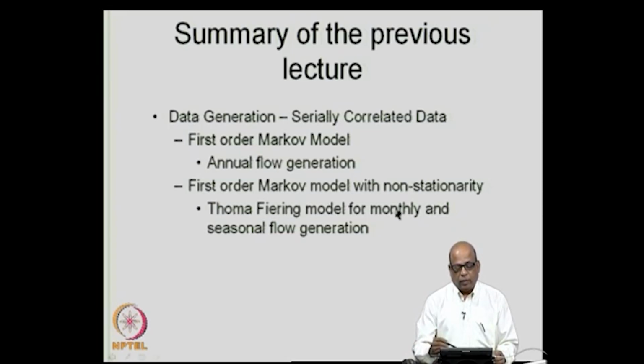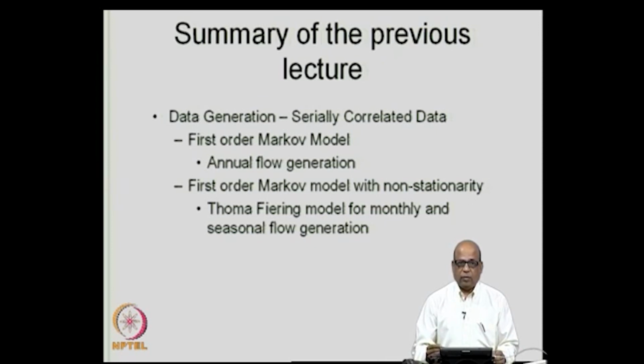Recall that the requirements for the Markov model, as we introduced in the last lecture, are that the flow time series can be approximated to be a Markov chain, and also that the flow series can be approximated to follow normal distribution. The Thomas Fiering model requires the flows to follow normal distribution, and it also generates negative values because we are following the normal distribution.